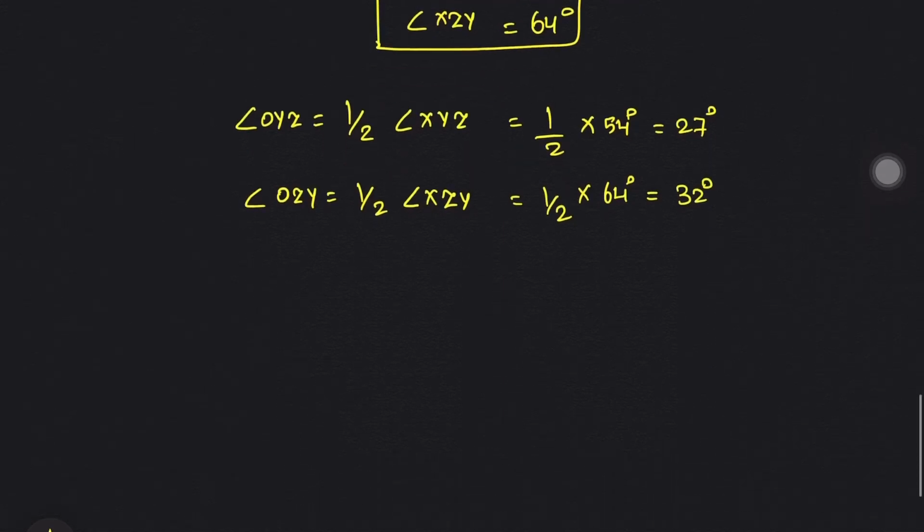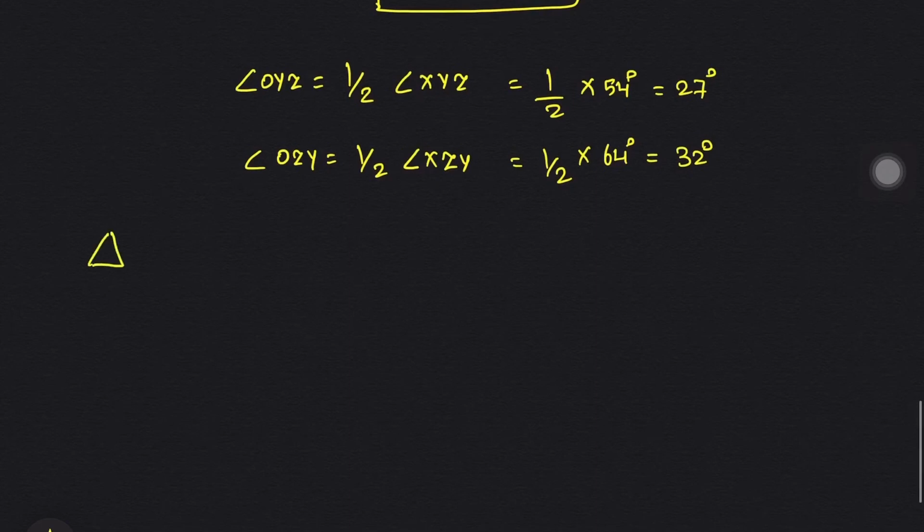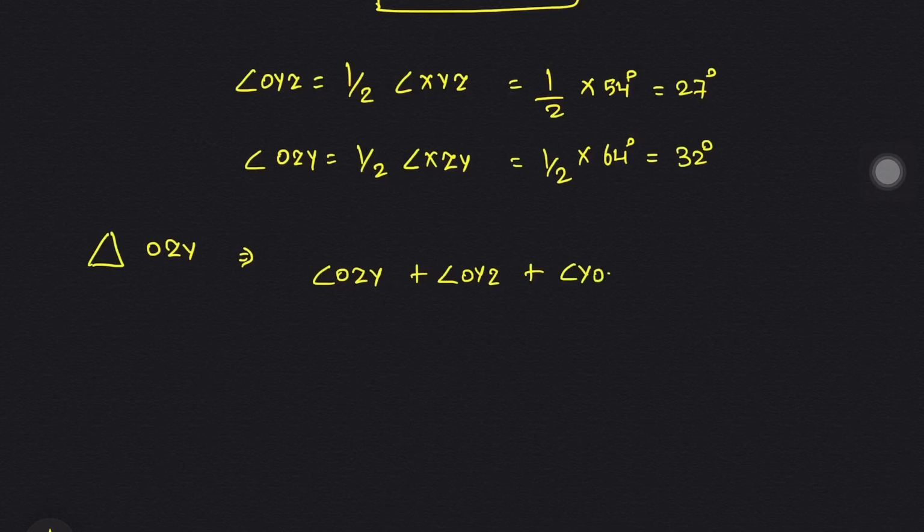Now consider triangle OZY. The sum of all interior angles is equal to 180 degrees. So by the same rule, OZY plus OYZ plus YOZ is equal to 180 degrees.